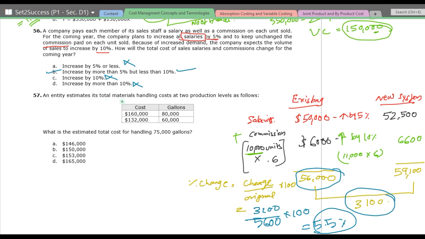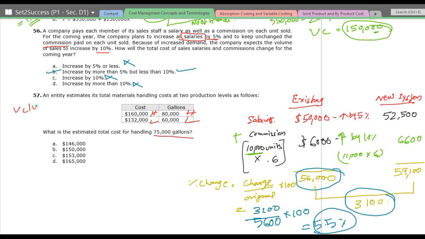An entity estimates total material handling cost at two production levels as follows. What is the estimated total cost for handling 75,000 gallons? They are asking for 75,000 gallons. This is the highest activity, this is the lowest activity, this is the highest cost, this is the lowest cost. So let us find the variable cost per unit.